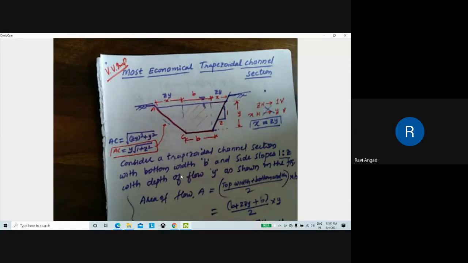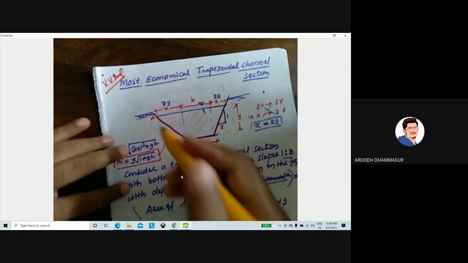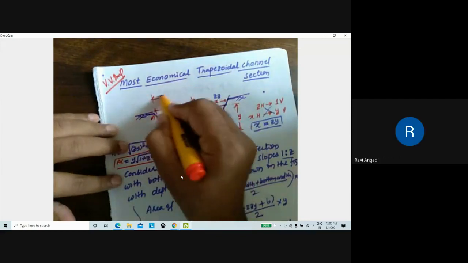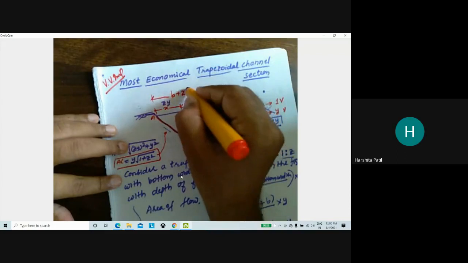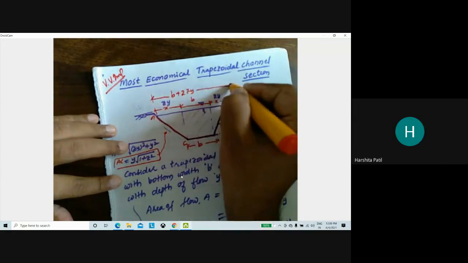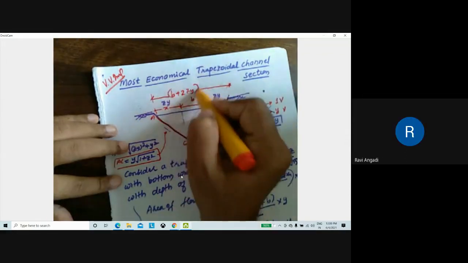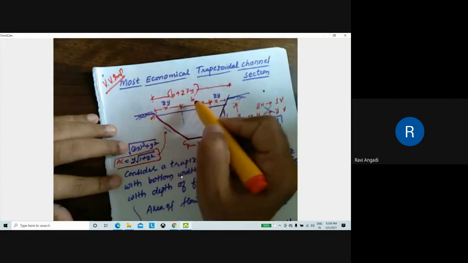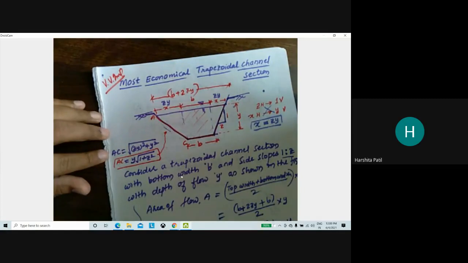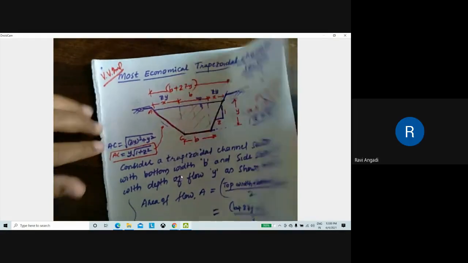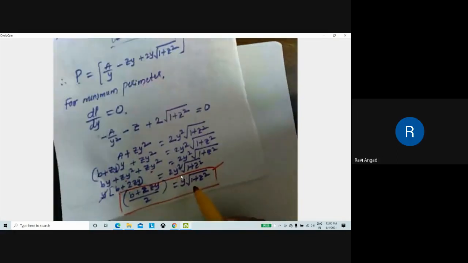All of you agree for this one? Here it is totally b plus 2zy, correct? Yes, sir. So when I take it half, it will be half of the top width, right? Now, can you tell me what is this second RHS term?